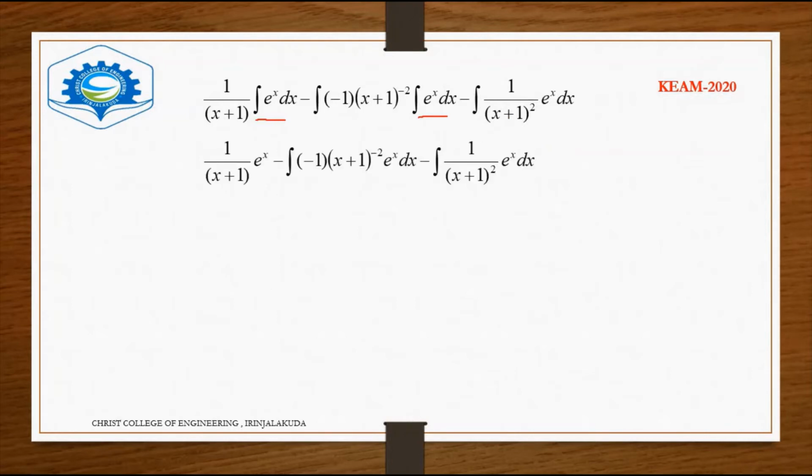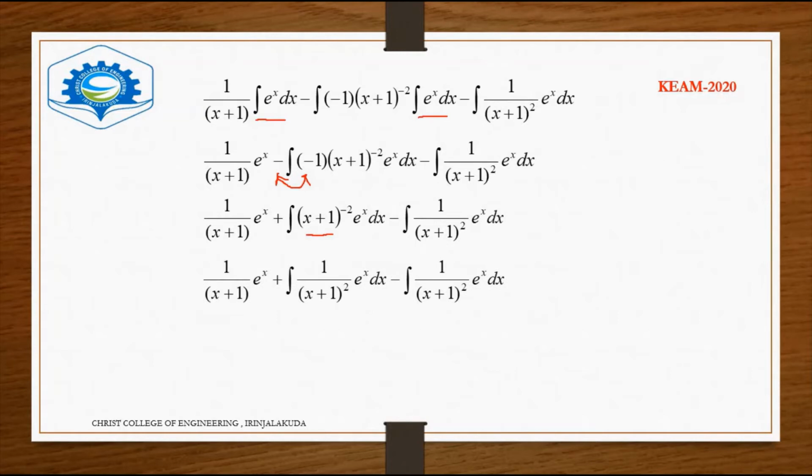Now after integrating, I will multiply this minus 1 and minus 1 from this side, and it will be plus 1. Okay, so minus into minus is plus. Now try to bring this x plus 1 raised to minus 2 to the denominator.